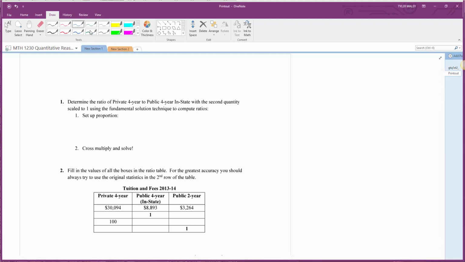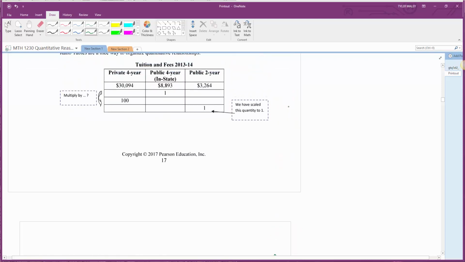One thing that I like to do when I'm setting up a proportion is write down what I'm comparing. So I'm comparing private four-year compared to public four-year, in-state. If we look above, our variables are private four-year, public four-year in-state, and public 2-year.